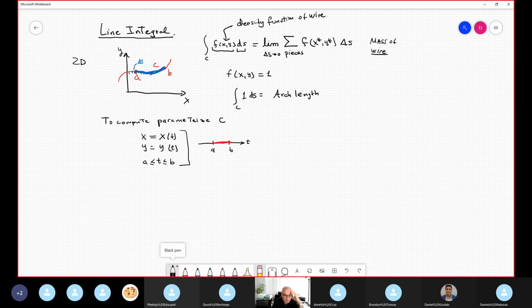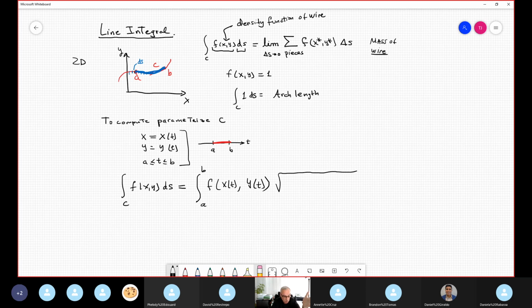The line integral on the curve C of f(x, y) ds is equal to, well, entonces I convert magically the line integral into one common integral that we studied in Cal 1, using the parametrization from A to B, and you replace x as a function of t, y as a function of t, and ds is the square root of (dx/dt)² plus (dy/dt)² dt.